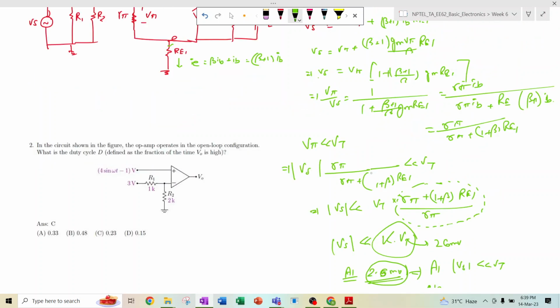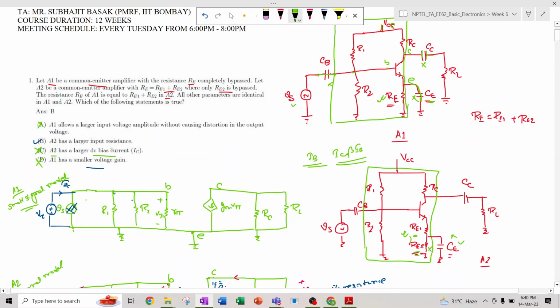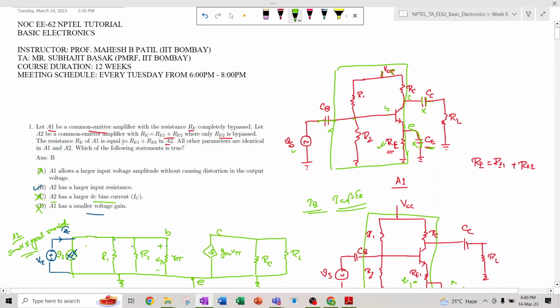So in the given option it is telling that A1 allows a larger input voltage amplitude without causing distortion in the output voltage. So instead of A1, A2 will be the right answer, so this option is wrong. Among these four options, A2 has a larger input resistance, this is the most suitable answer.